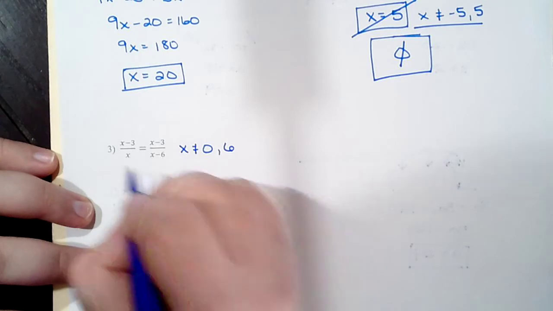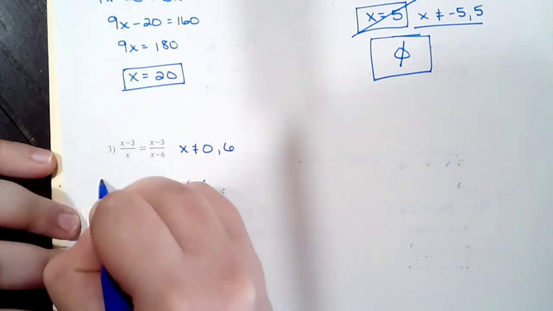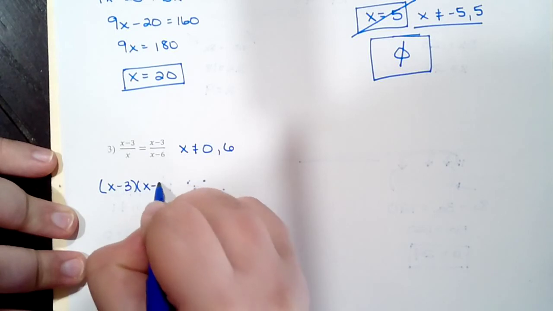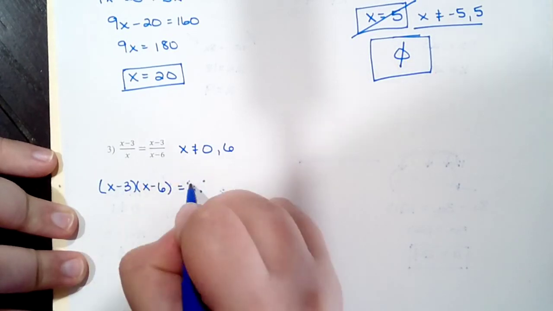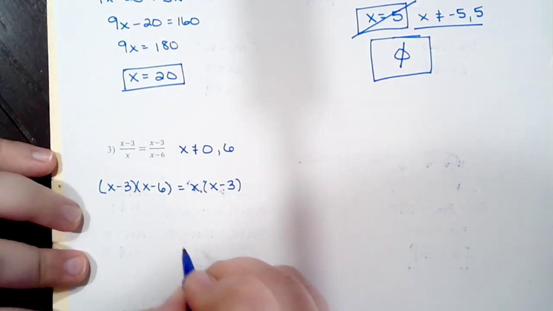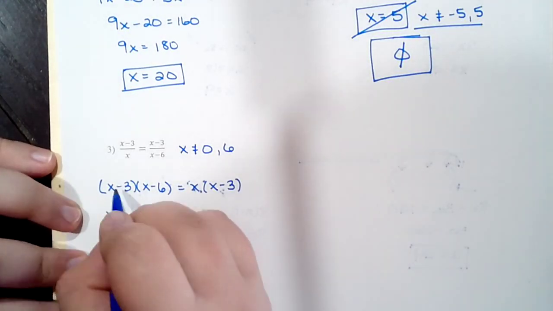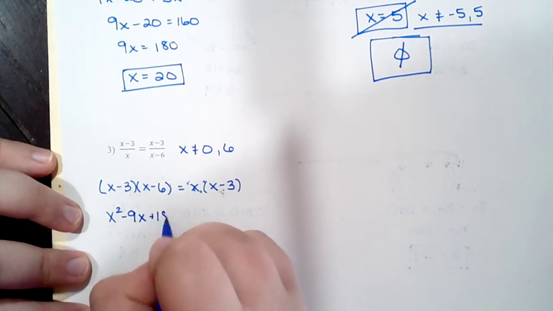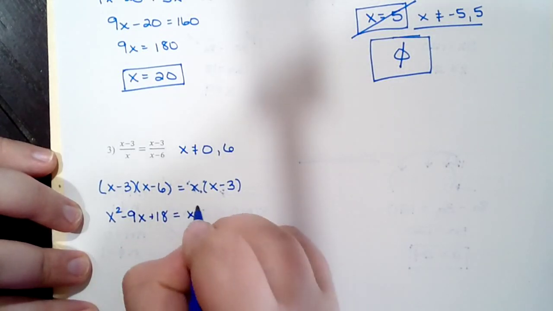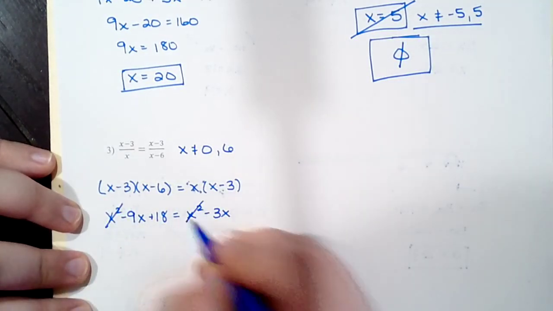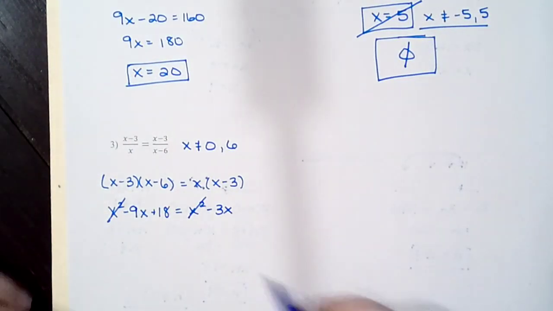And from there, cross multiplication. X minus 3 times x minus 6 equals x times x minus 3. Time to FOIL. X squared, that'd be negative 9x plus 18 equals x squared minus 3x. The x squareds cancel, which is really nice.